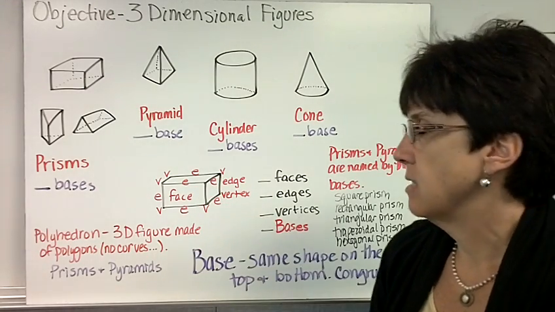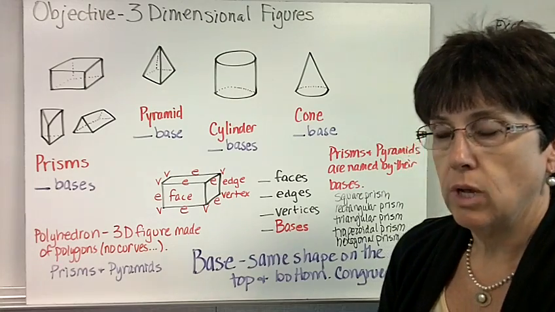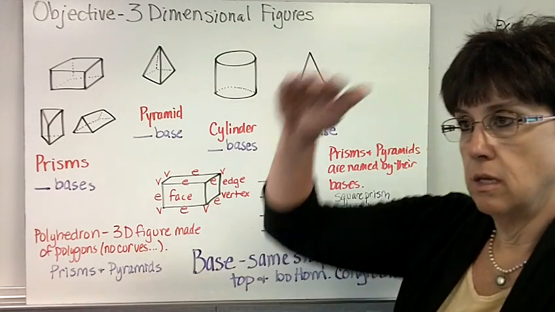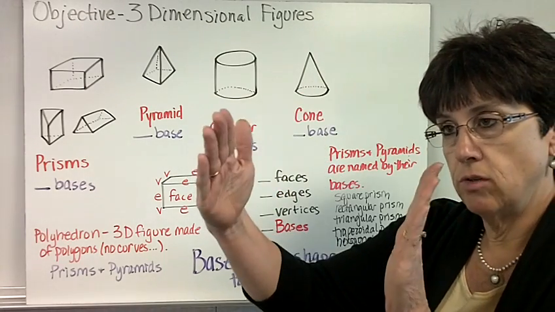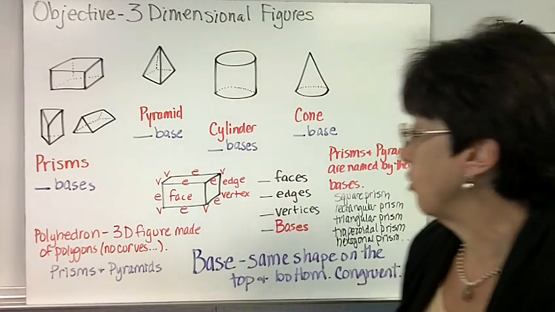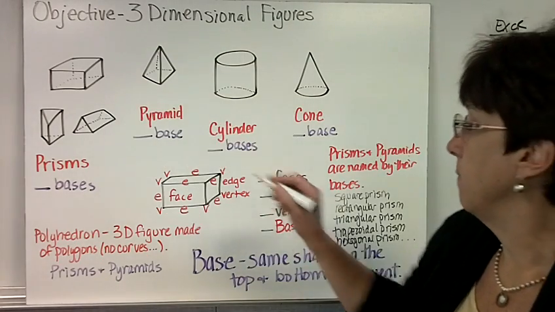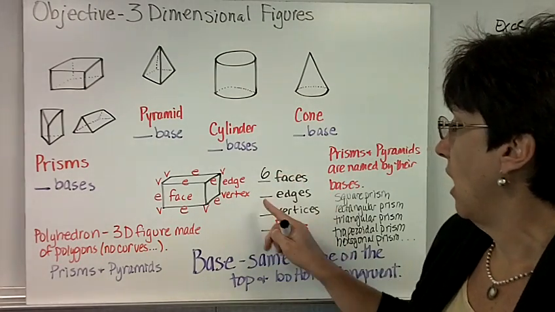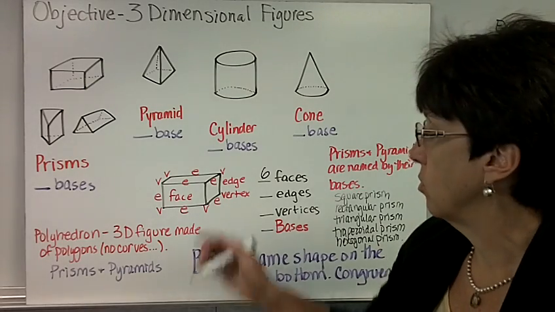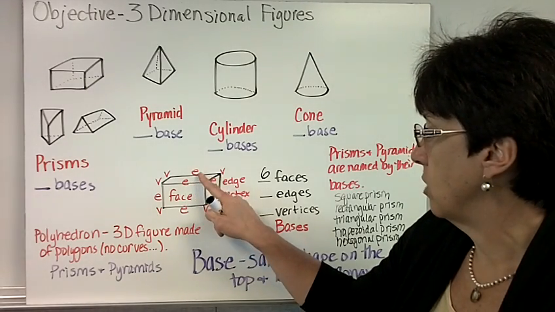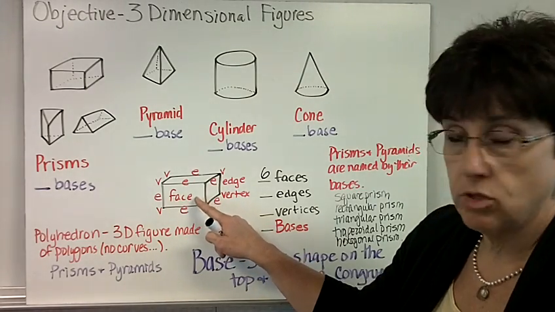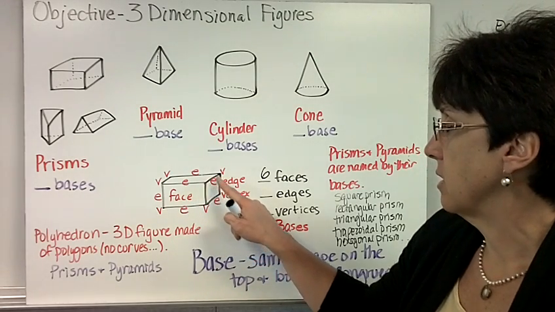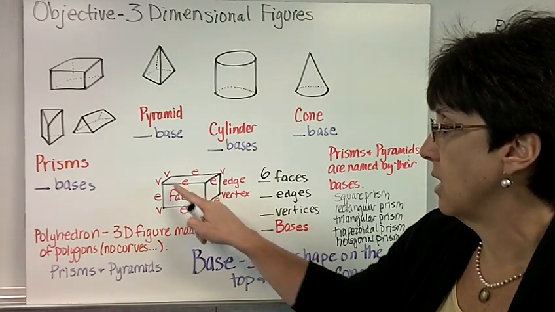How many faces does this have? Well, it has the top and the bottom, the left and the right, the front and the back. So that would be 6. Okay? How many edges does this have? Well, it has these two on the top and same on the bottom. So 1, 2, 3, 4, 5, 6, 7, 8, 9, 10, 11, 12.